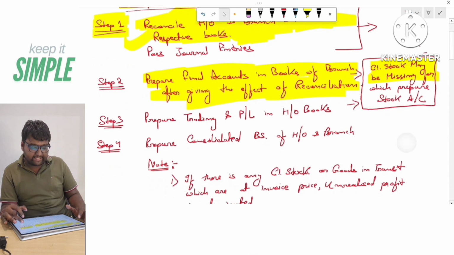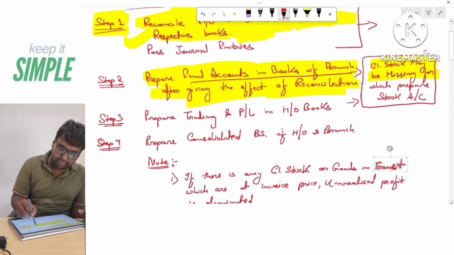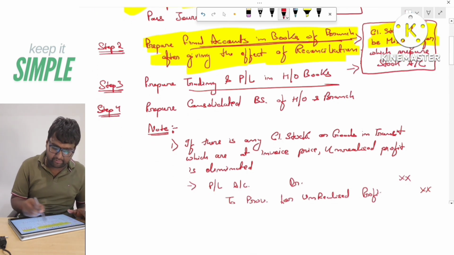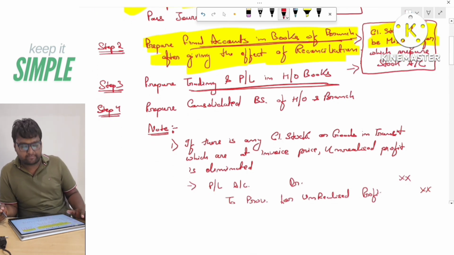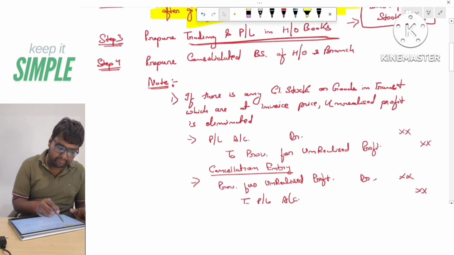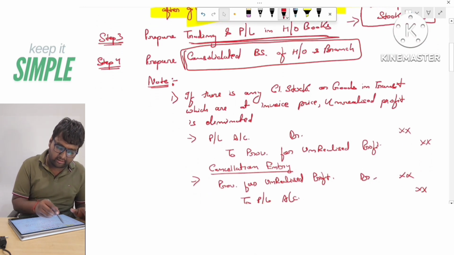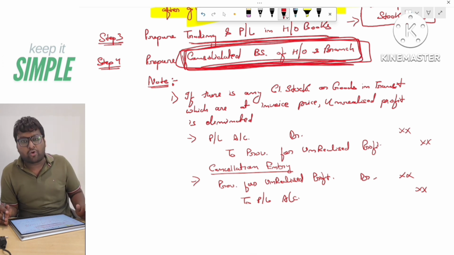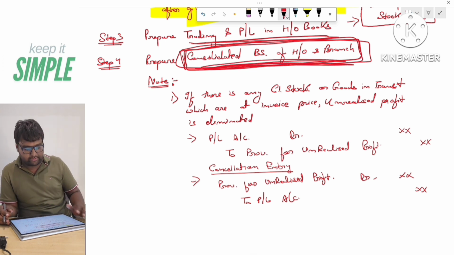Second, we prepare final accounts of branch. Then we prepare the trading and profit and loss account for head office. Then we prepare a consolidated balance sheet of head office and branch. This is our main purpose for doing the incorporation.